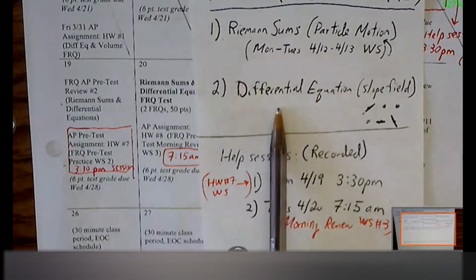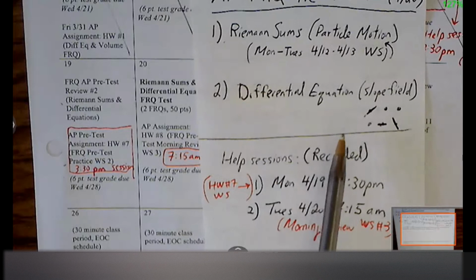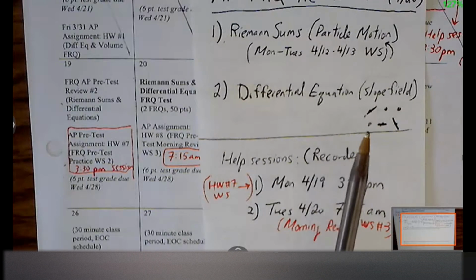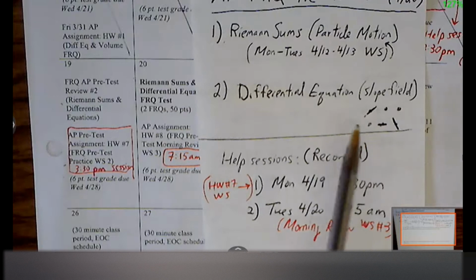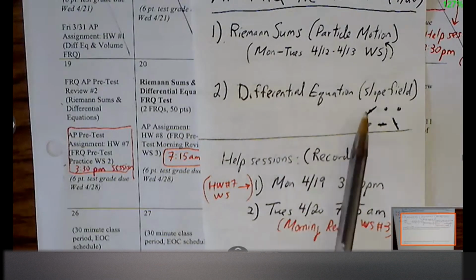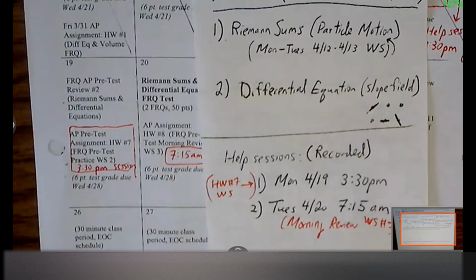The second is going to be a differential equation, where you may see a slope field as well, but the slope field will just be an easy one. For the differential equation, you've got to go through separating variables and all that. I did not include slope fields on the worksheets, but it is on the homework worksheets.